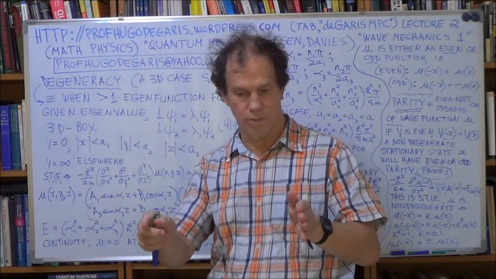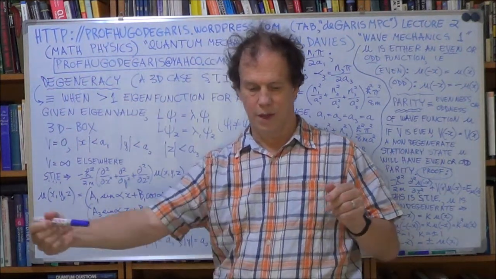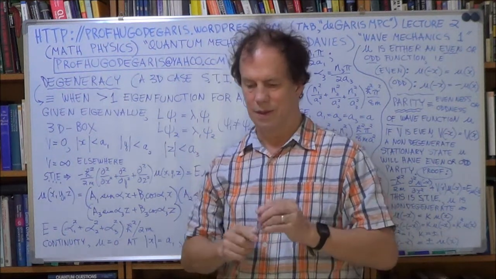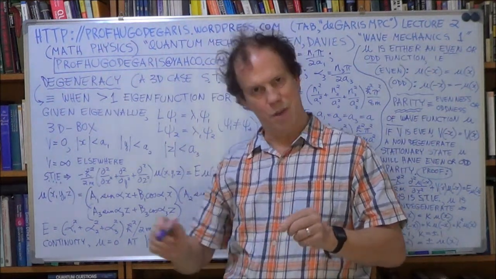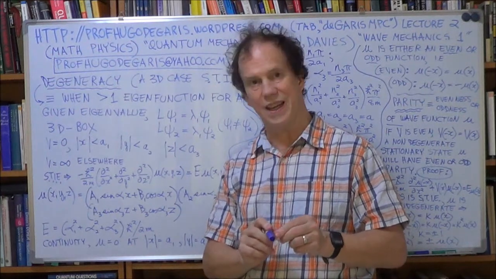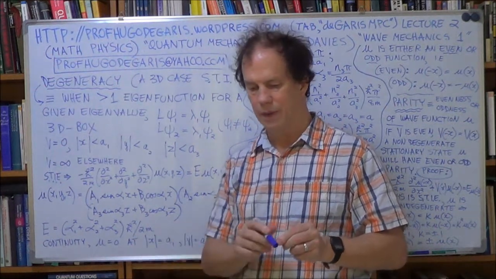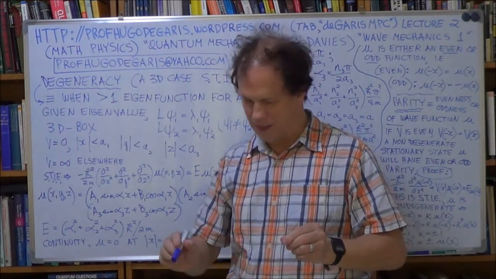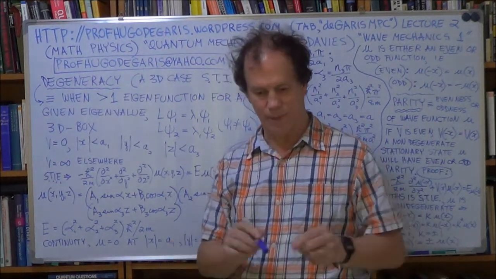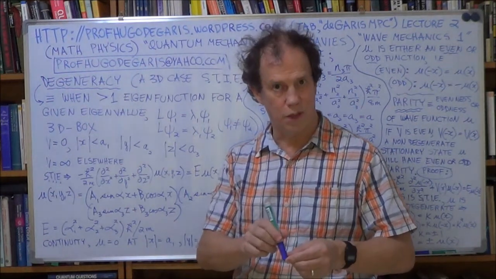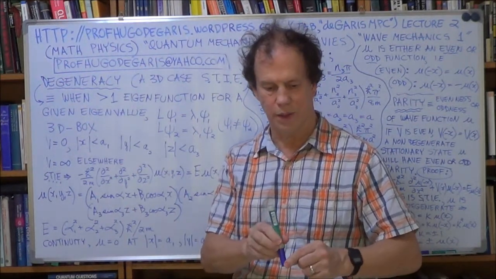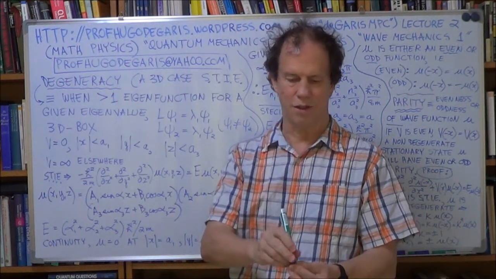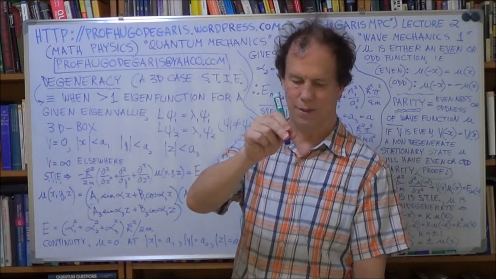a three-dimensional box. So we'll have an x-axis, a y-axis and a z-axis, and the dimensions of the box in the x direction will be a1 and minus a1, and in the y direction it'll be a2 and minus a2, and in the z direction it'll be a3 and minus a3.